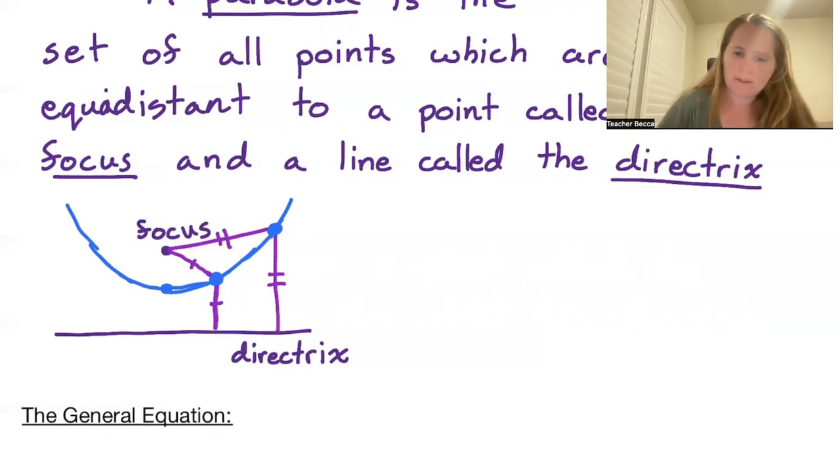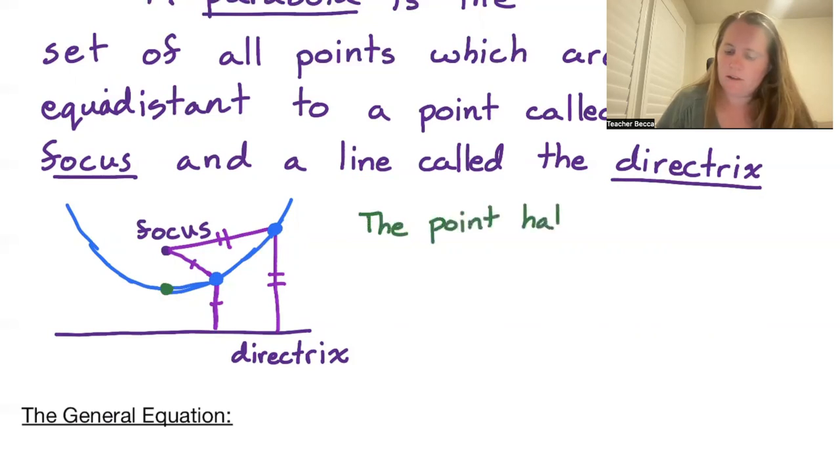So some other language: the point halfway between the focus and the directrix is called the vertex of the parabola.